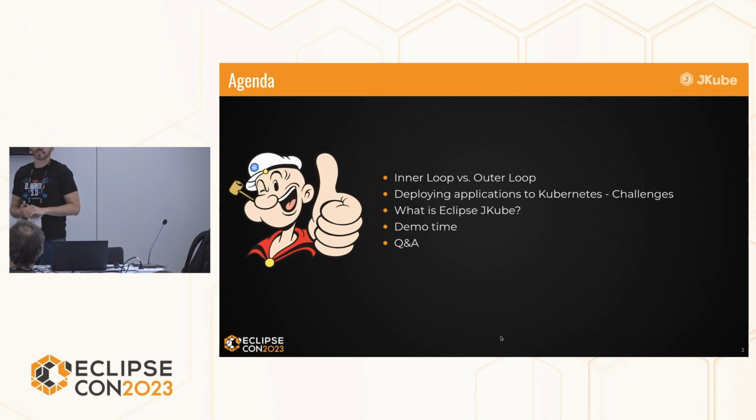Then I will showcase a popular Java project and how you can generate Helm charts for that application. I will also show you a suitable configuration, both for the inner and outer loops, that you can replicate in your projects. Finally, we will have some time for Q&A. In any case, if you have any questions during my talk, I invite you to ask them immediately.